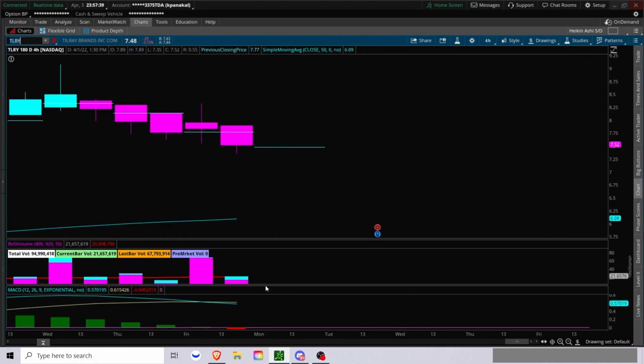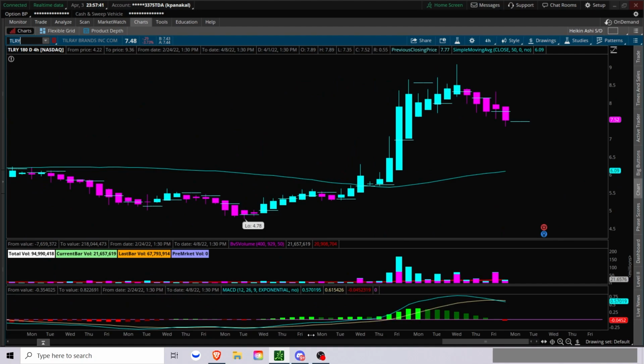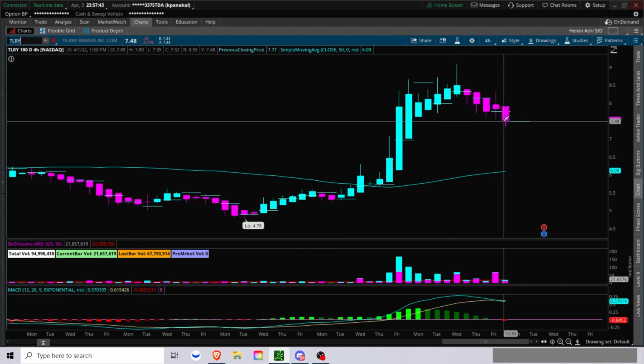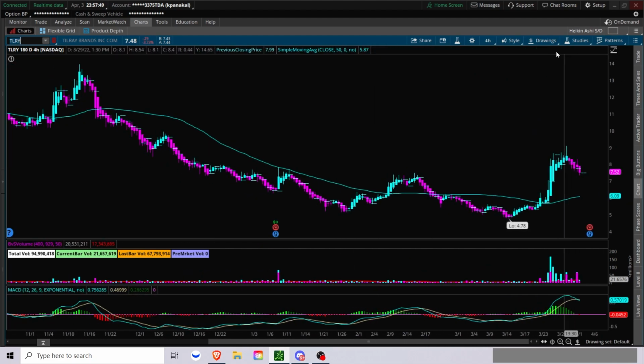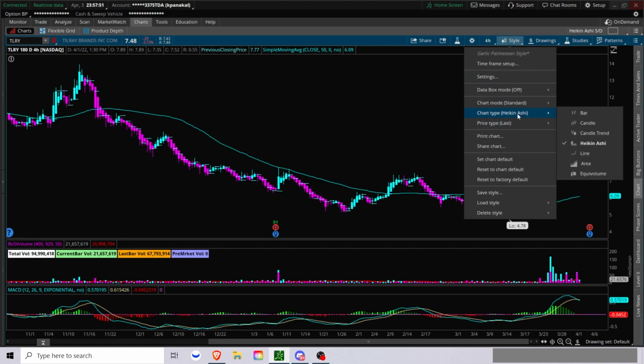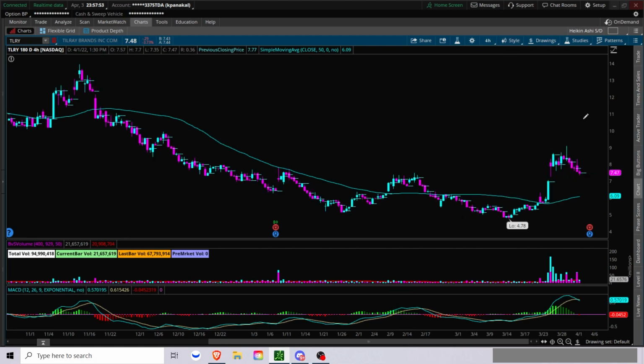It's just if there's continuation on Monday, then maybe it's a good idea too. We could potentially fill this gap up, this tiny gap up we had.